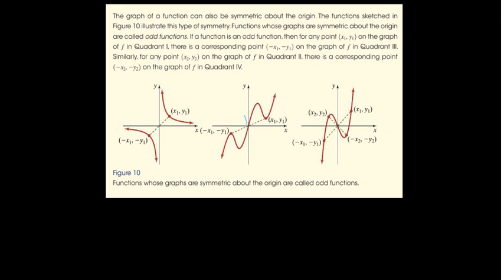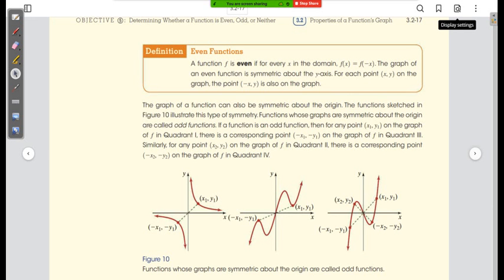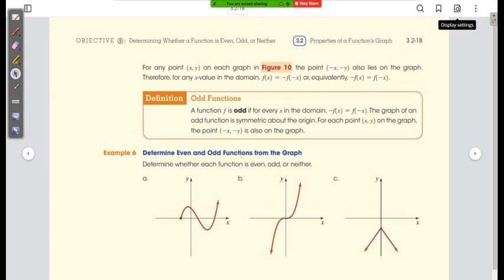If we fold it across the x-axis, it looks something like this, and if we fold it across the y-axis, it would look like this, and so on and so forth. So even functions are symmetric about the y-axis. Odd functions are symmetric about the origin. Okay, let's put that in there.